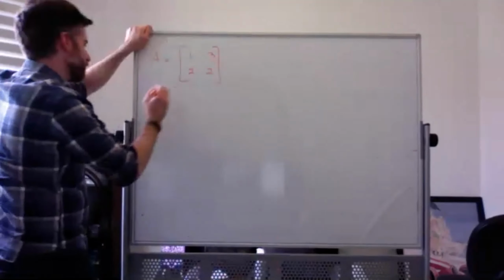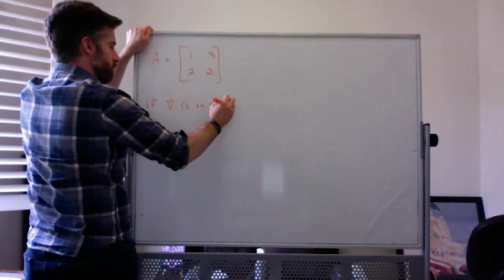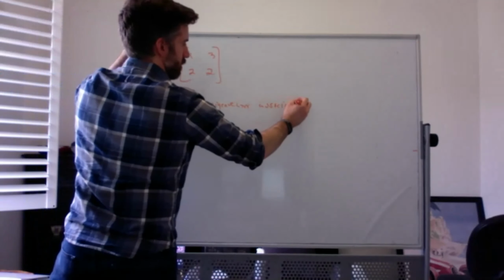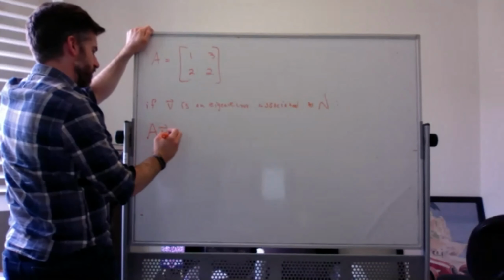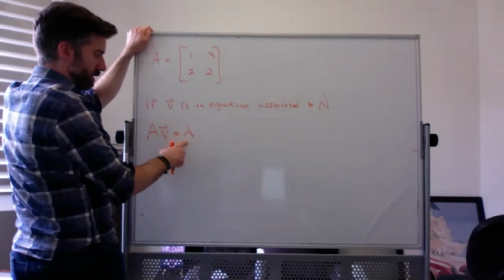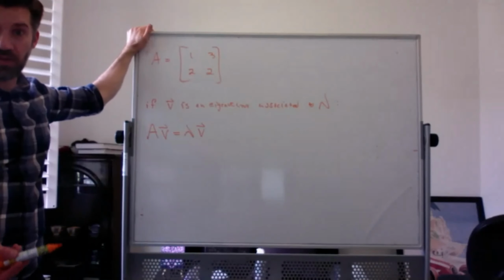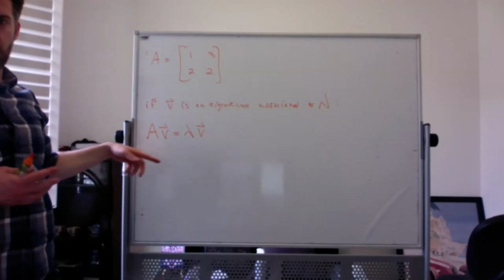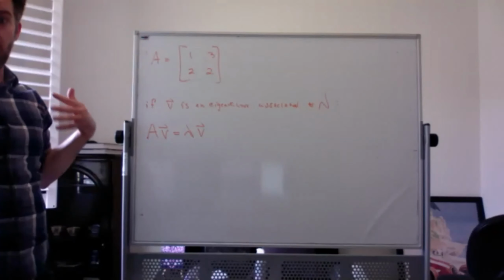Let me remind you: if V is an eigenvector associated to the eigenvalue, all that means is that the matrix times the eigenvector is equal to the constant lambda times the eigenvector. The matrix multiplying the vector is just scaling the vector. It doesn't change the direction of the vector at all, it just changes the magnitude.